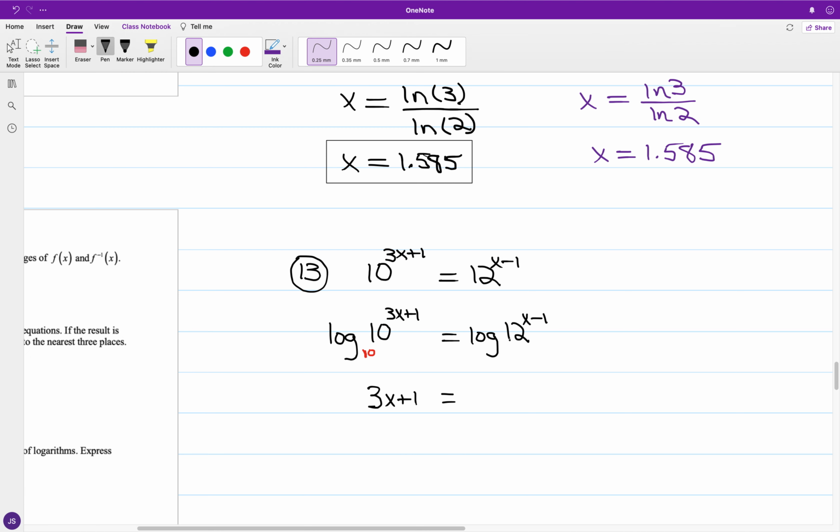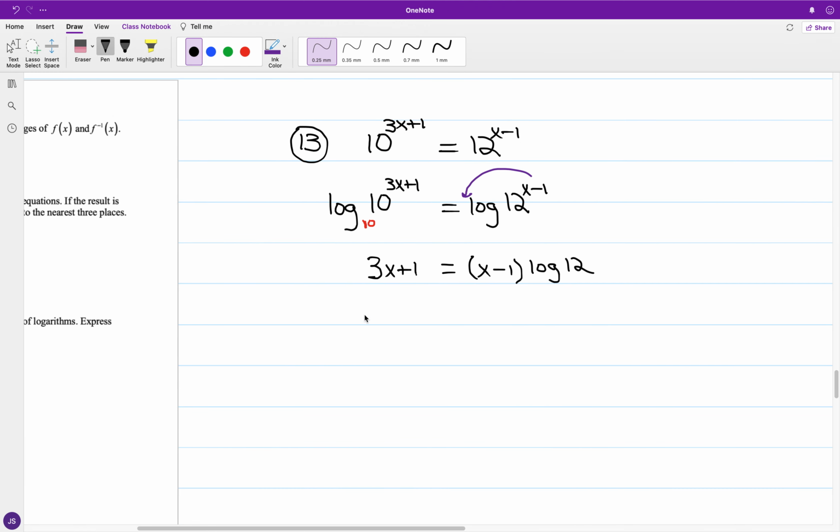On the right, I don't have such a match, but with the x minus 1, I can make this into a coefficient, going from the exponent position to the coefficient position. So I'm going to have all of x minus 1 multiply the base 10 logarithm of 12.